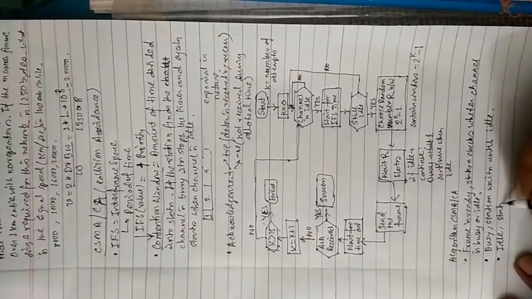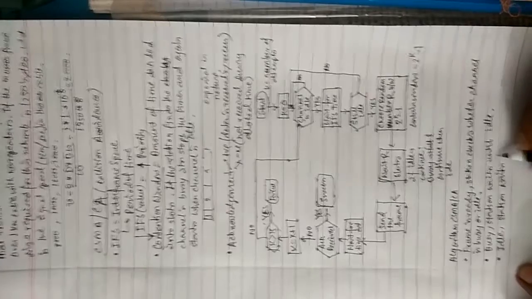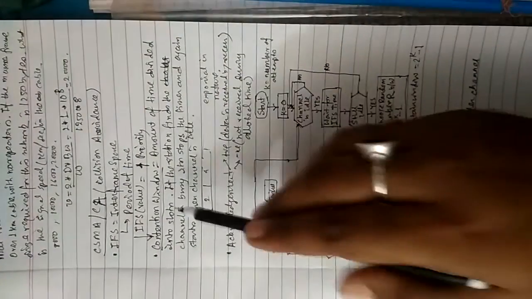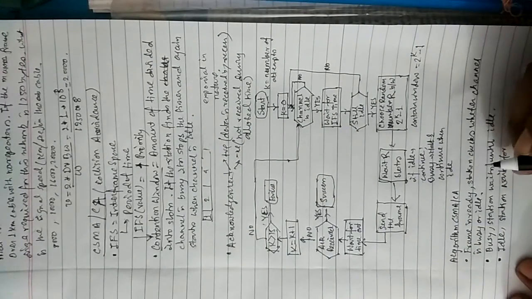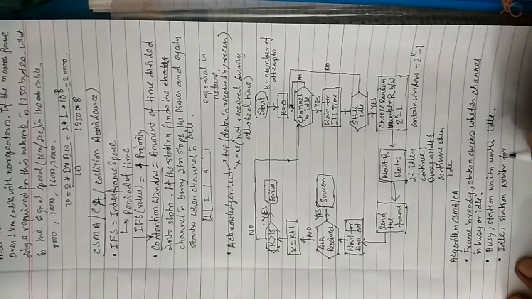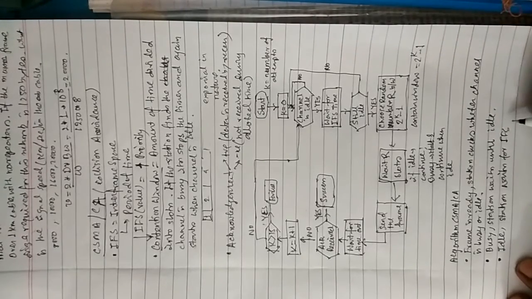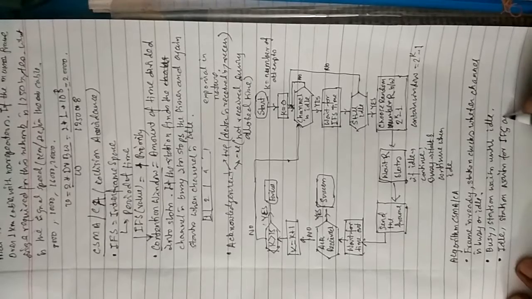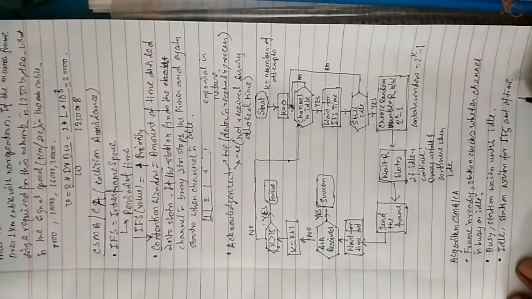Third point, if it is idle, the station waits for IFS amount of time, the interframe space, and then sends.